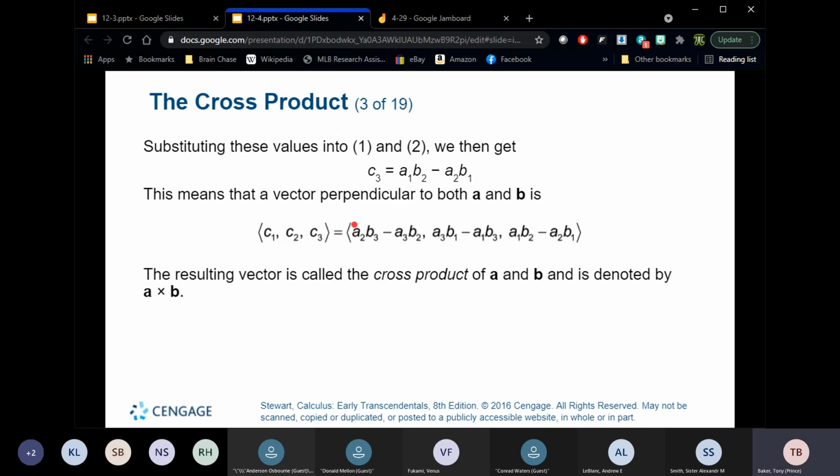So we get a vector, and now this is known as the cross product of A and B. We're going to look at another way to look at this in a second that might be a little more recognizable to you. So this is basically our cross product, if you want to write that down. And then I'll show you a different way to look at it as well.